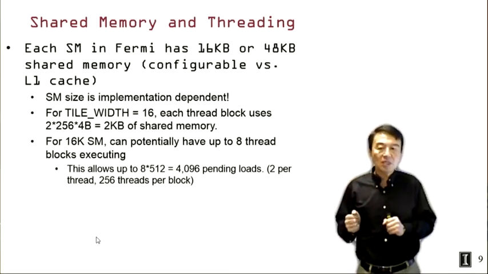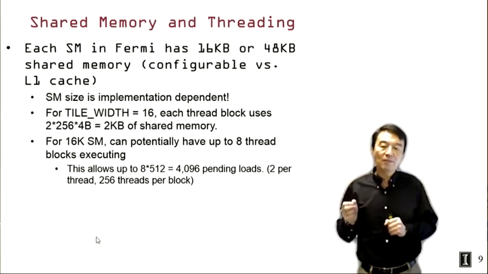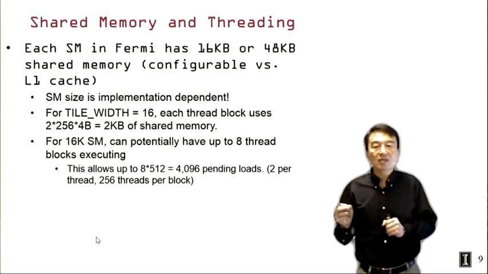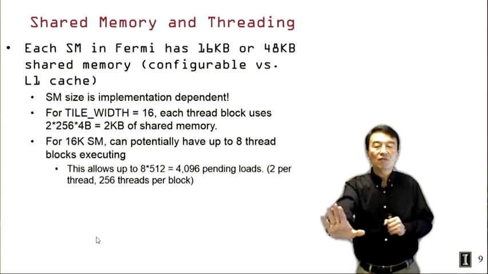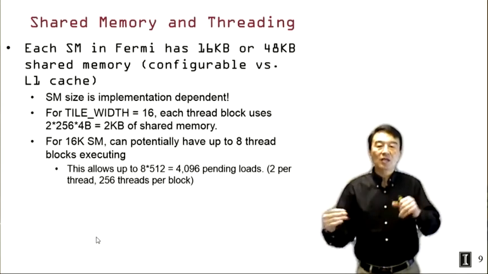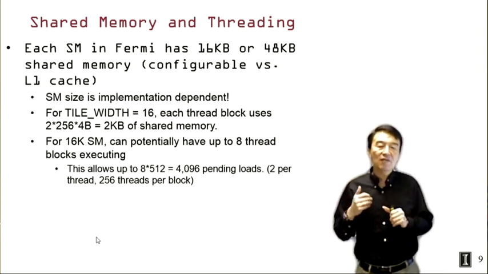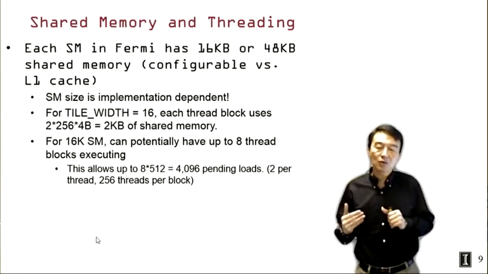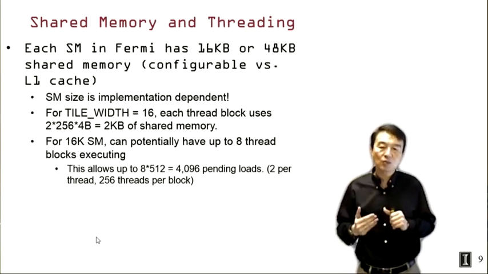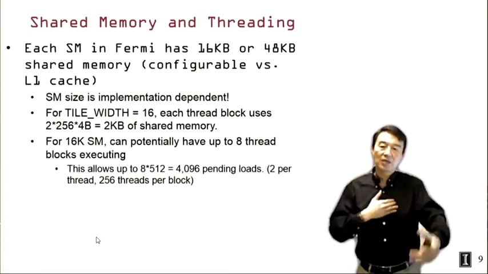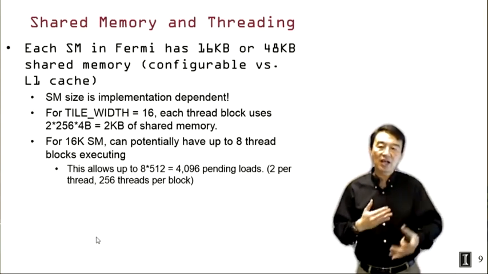So this gives us the potential of up to, remember, for every phase, each thread block will have 512 memory loads to load all the elements of the two A and B tiles. So if we have 8 of those blocks, we can have up to 8 times 256 times 2, which is 4096 loads, all simultaneously active at the same time.